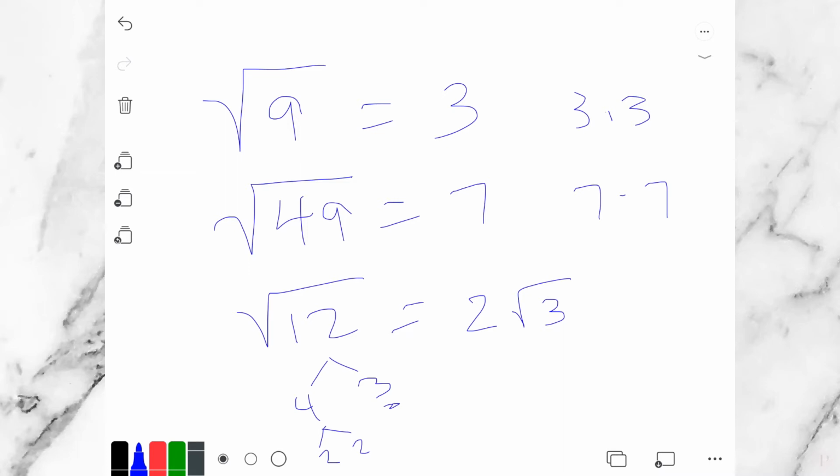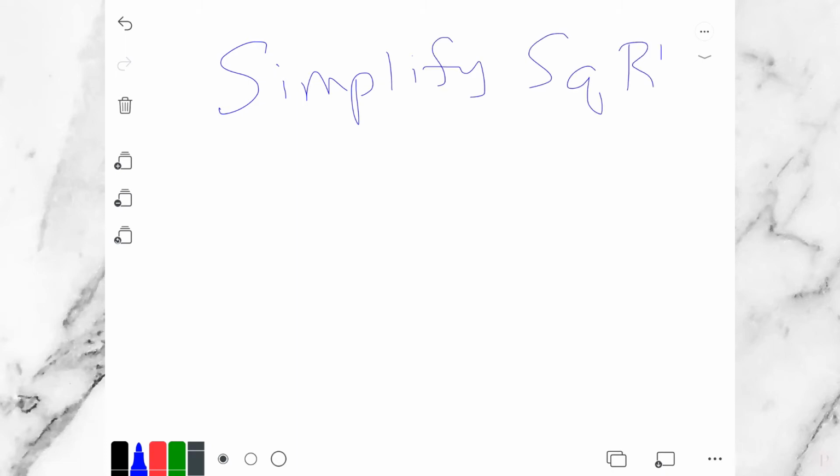But now the real question, because this is what our real lesson today is, how to simplify a square root when you have a negative number underneath. Let's go with the square root of 25.